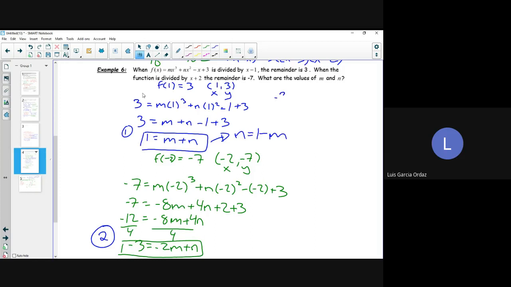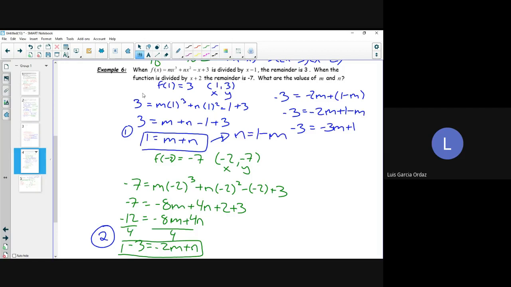So we have negative 3 is equal to negative 2m plus 1 minus m. Negative 3 is equal to negative 3m plus 1.